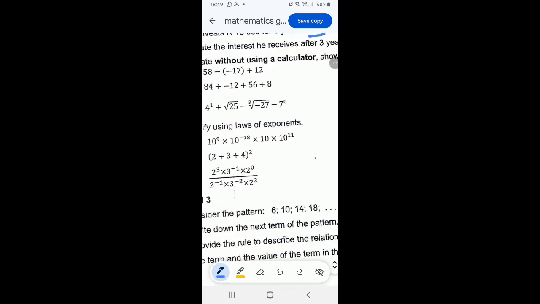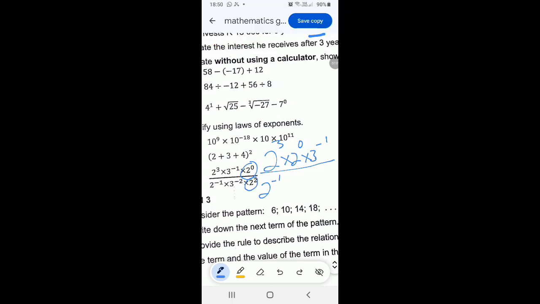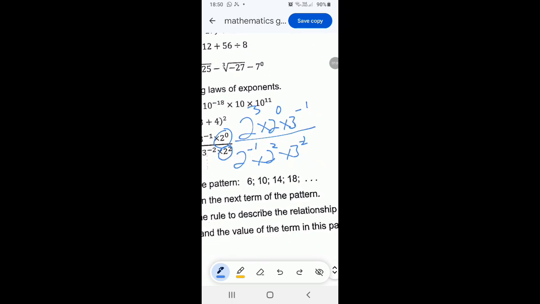So we have 2 to the power 3. There's another 2 here. What do we do? Let's group them first. Then times 3 to the power minus 1 over 2 to the power minus 1. There's another 2 there. Let's group them. They are friends. Times 3 to the power minus 2. Then we say 2 to the power 3 plus 0.